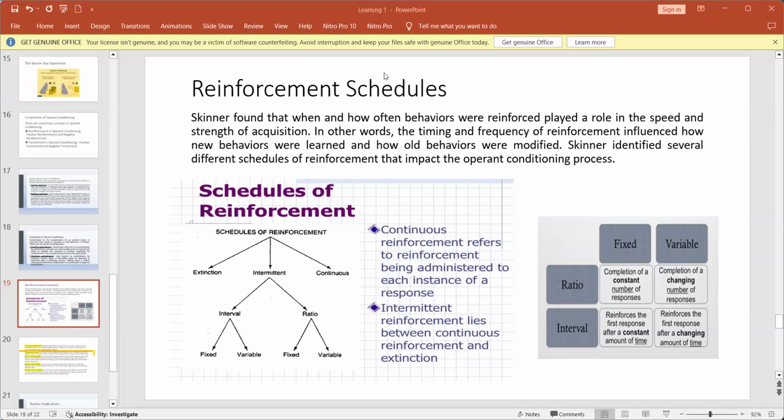This time, if you have completed reading 10 books, come and collect your ribbon. Next time you will tell them, if you have completed 15 books, come and collect your ribbon. Again, if you have completed 10 books, come and collect a ribbon. That is variable ratio. Is it clear or is it not clear?